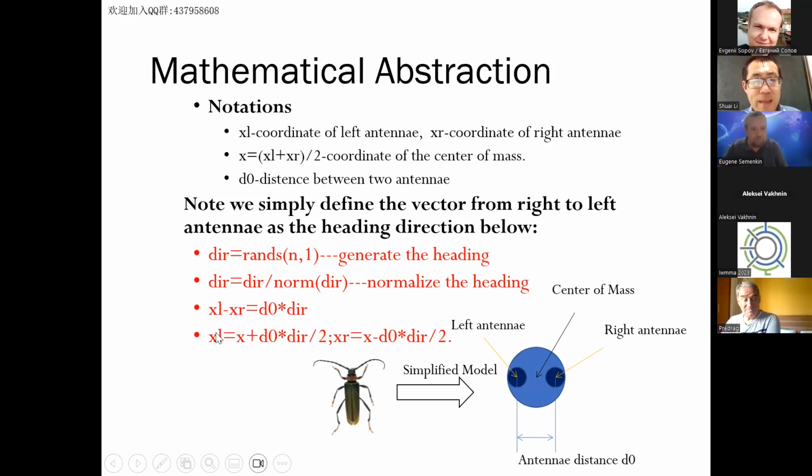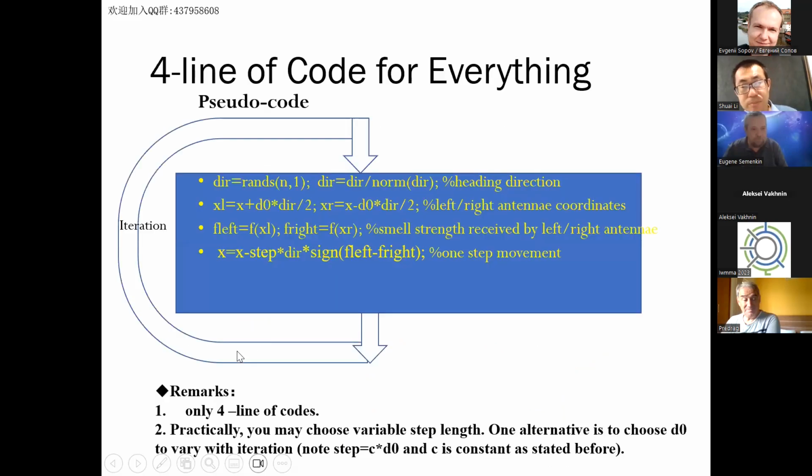Based on this reasoning, we can conclude that X represents the center of mass, the location of the beetle. XL will be equal to X plus D0 times dir divided by 2. And XR, the location of the right antenna, will be in this way, because here we have a minus sign to represent that this is the right antenna and this is the left antenna.